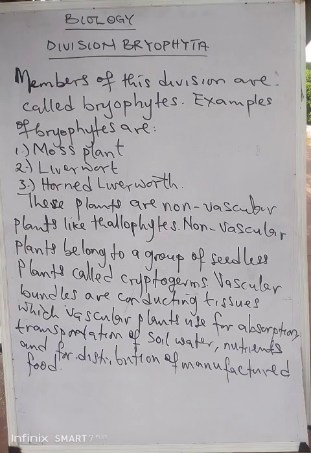The vascular bundles are like the veins and arteries in our body, through which our blood passes to be distributed.